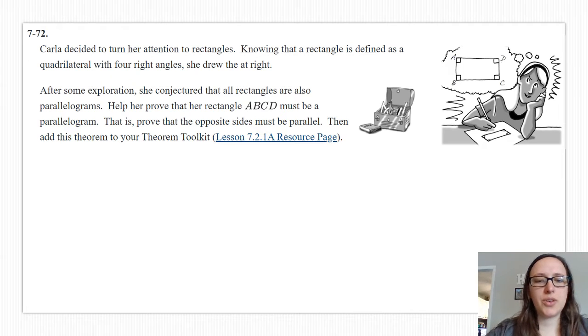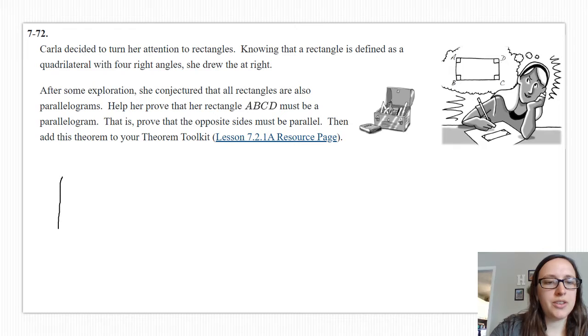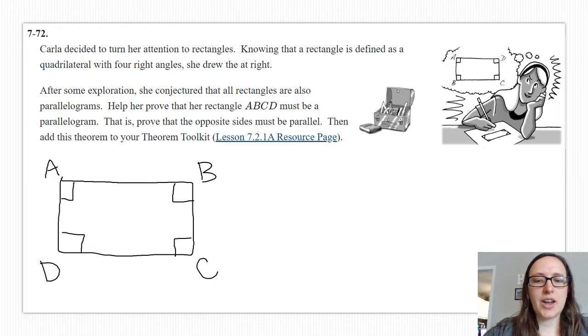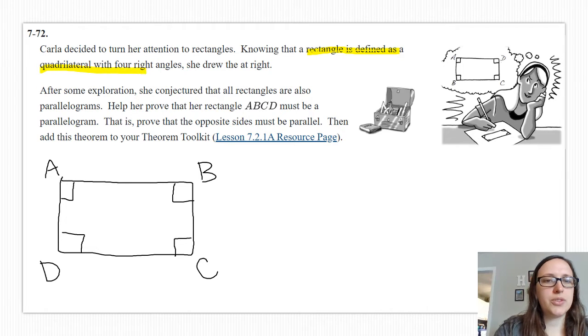All right, so we're going to redraw the rectangle that's up there. A rectangle is defined as a quadrilateral that has 4 right angles.